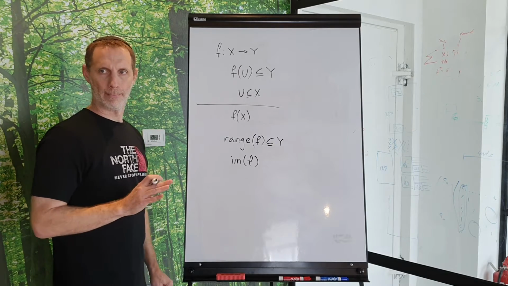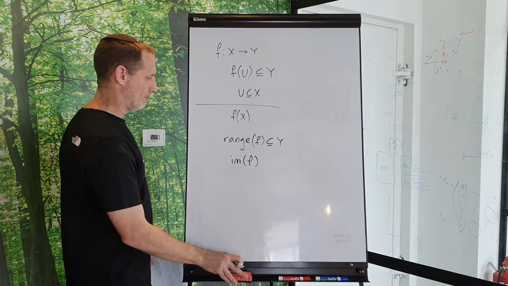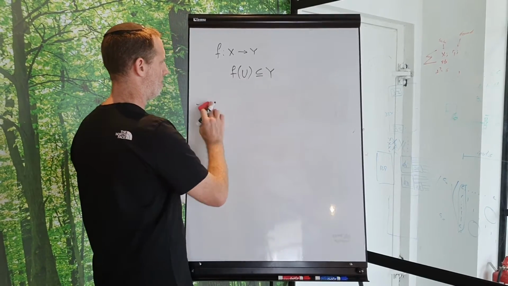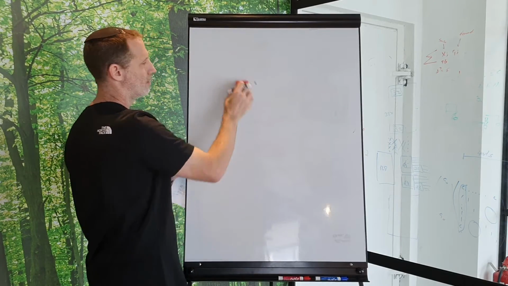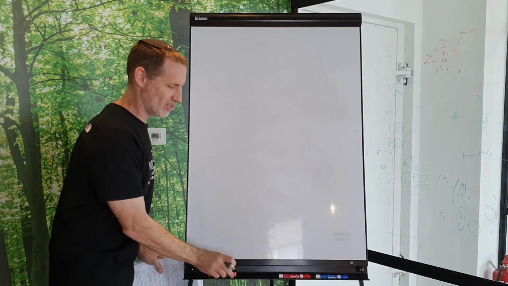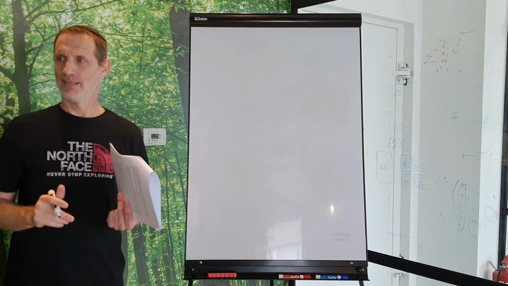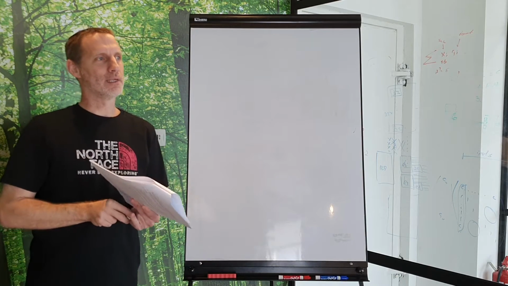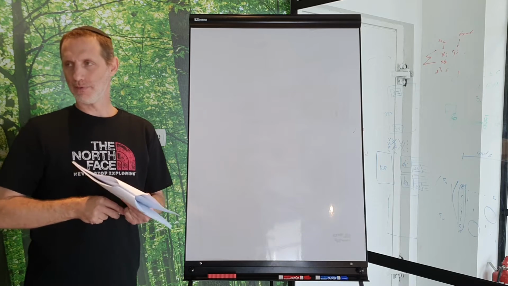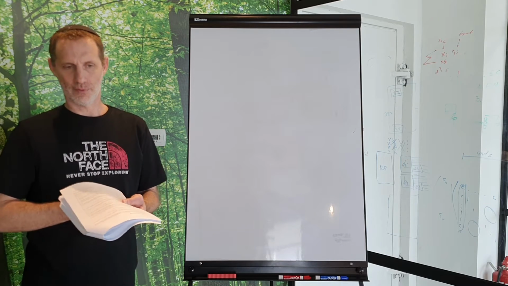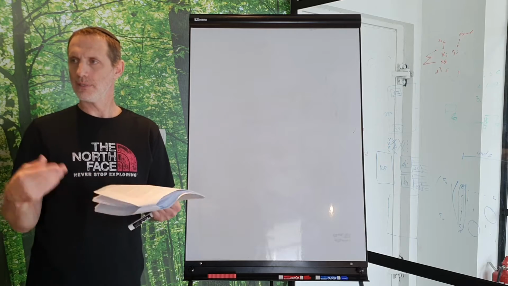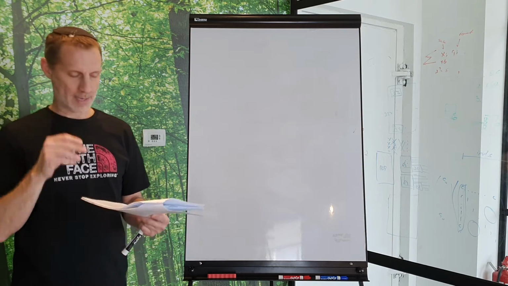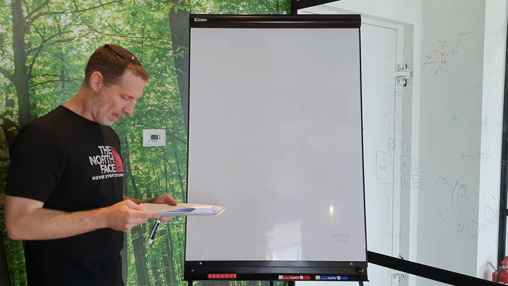So range and image are the same. You can say that the image of F is a set, and if range of F is also a set, then you can say that they're equivalent.